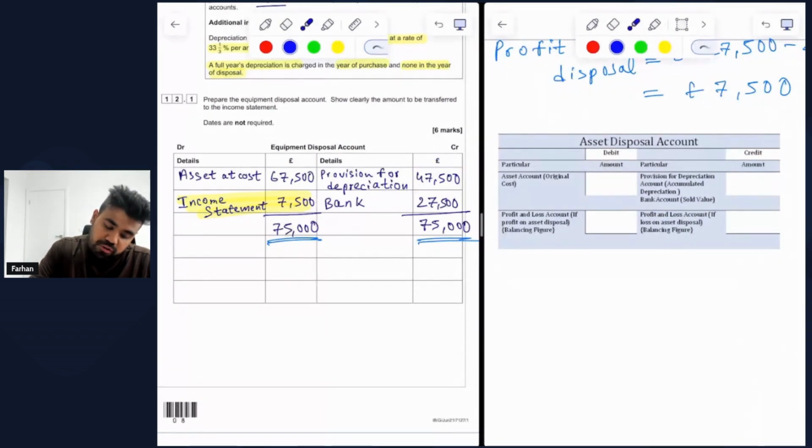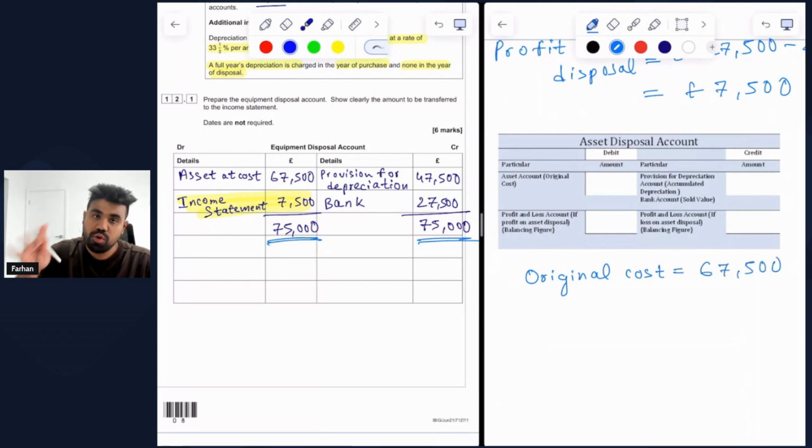So let me remind you of something. If you remember, the original cost of the asset was £67,500 when we purchased this on 1 May 2017. We know that the net book value right before disposal was £20,000, which means the £47,500 that we have lost in terms of value over the years of usage is what we call the total depreciation or the total provision for depreciation or the accumulated depreciation.